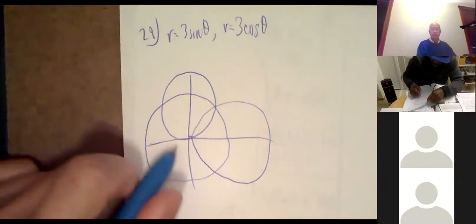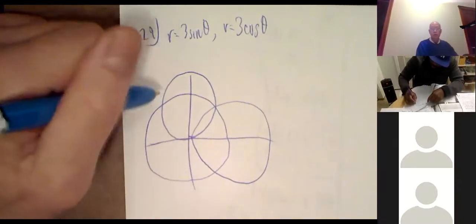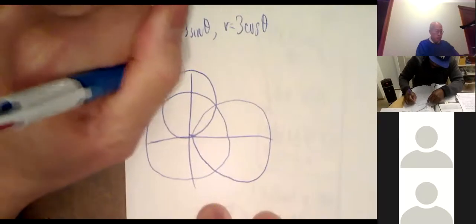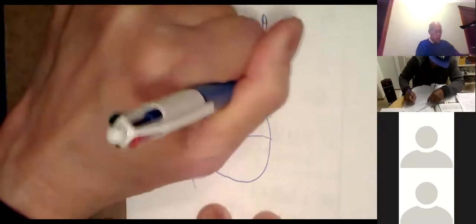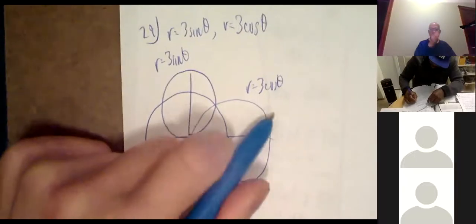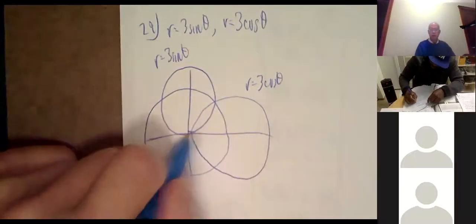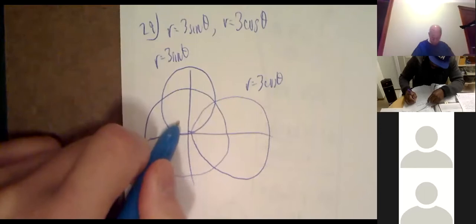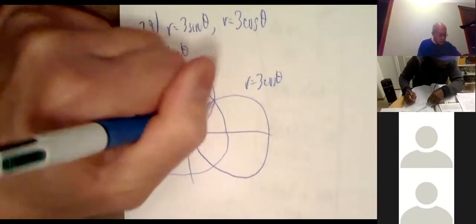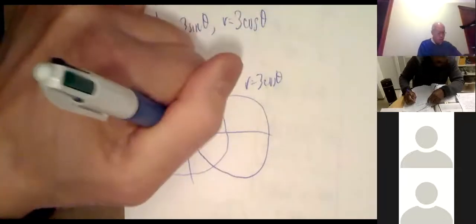Like this. This is my unit circle, as it were. Okay, let me see. Yeah, this is r equals 3 sine theta, r equals 3 cosine theta. See, if I plug in 0 here, I get 3. Plug in 0 here, you get 0. Okay, so inside both curves was this part.